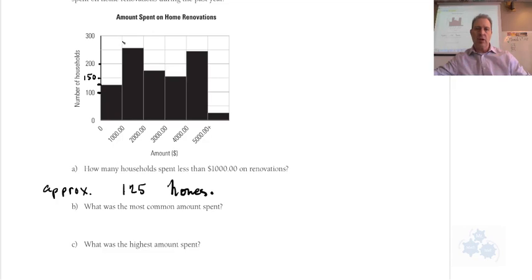Now you're talking about this bar right here? Okay. So what is the dollar amount that is associated with that bar? What does the second bar represent? What does this one right here represent? Any ideas?